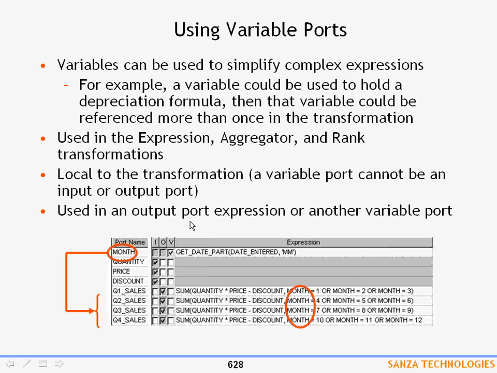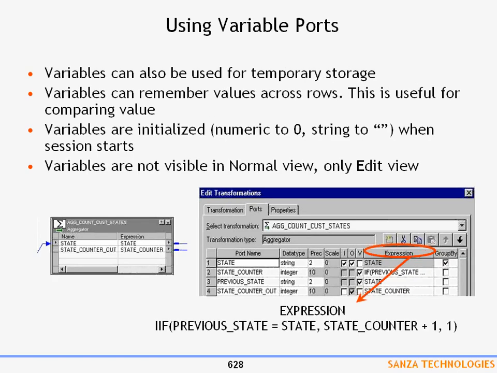That is for calculation purposes. You cannot take the value out of the variable port. So it has to be finally assigned to an output port only. So variable ports are also used for comparing values. But to take it out, it has to be assigned to an output port only. That is the fundamental rule.